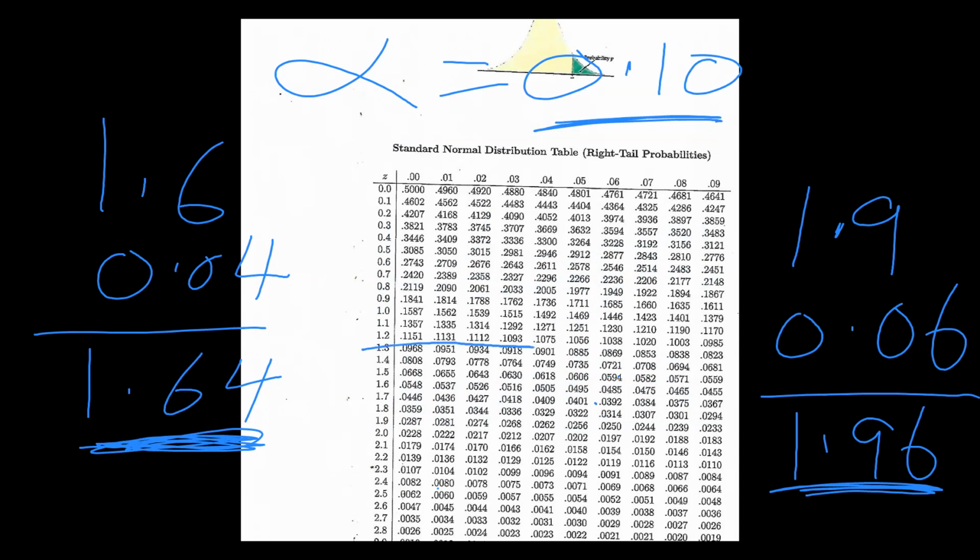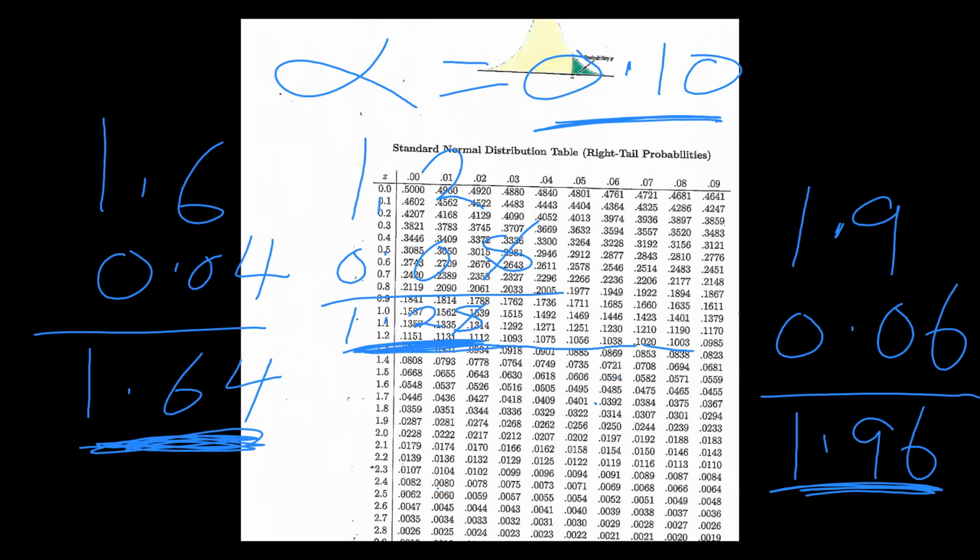Between 1.2 and 0.08. So you see 1.2 and 0.08 should give us 1.28, right? That would be our critical value, 1.28.